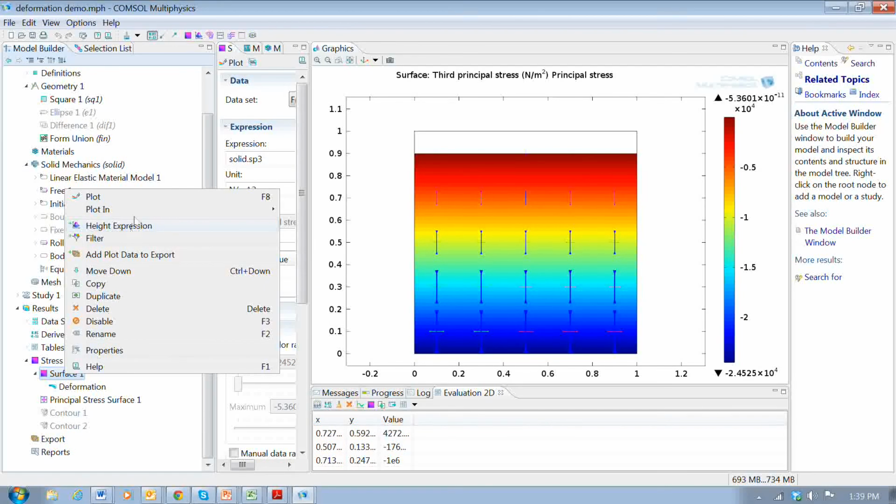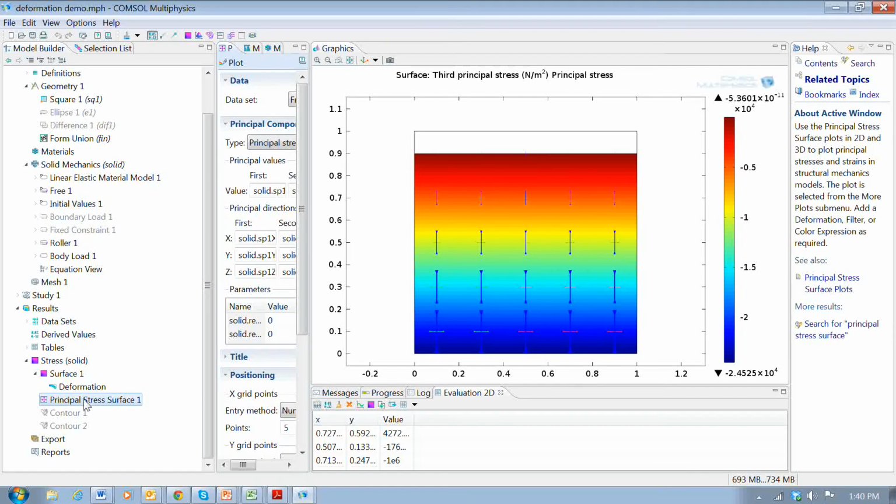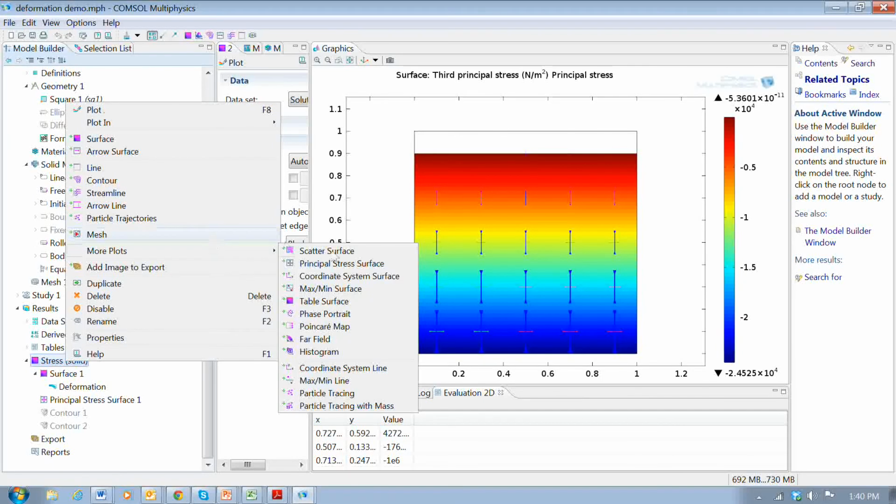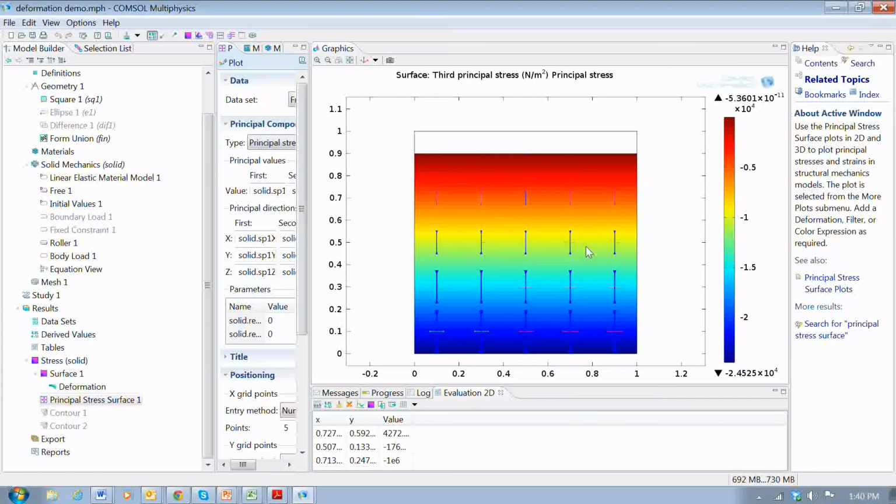I thought it was right here, but I don't see it now. Oh, I know, up here in stress. So in stress, where this is the plot group, go to the plot group, and then under more plots, it's principal stress surface right there. And we turn that on, and we see the symbol that indicates the stress directions. Okay, I think that's all I want to show for that.